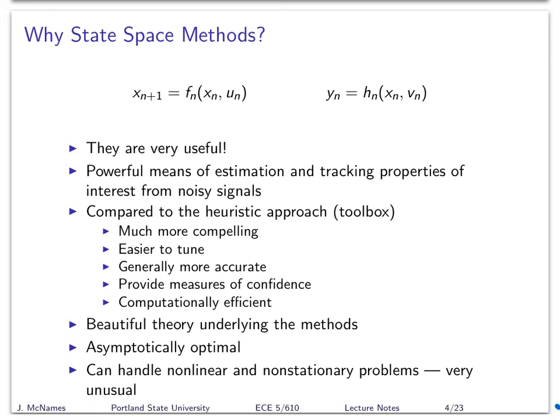And that knowledge that I have about human movement is represented by this equation. And this is where we incorporate that other information we have about the process, and in particular about how the state changes over time. And this also can be a nonlinear relationship.